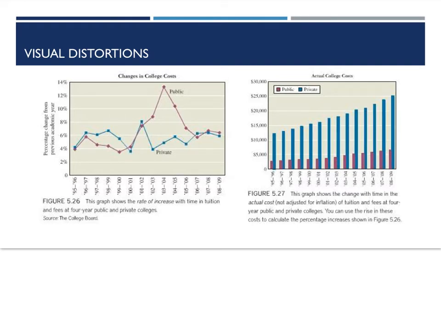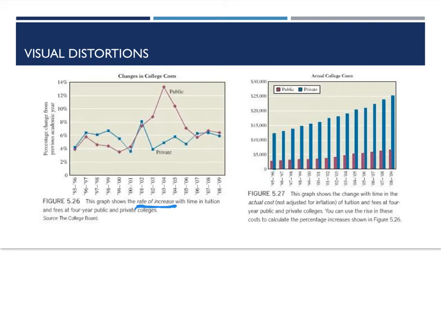So, if the pink bars are the same as the pink line and the blue bars are the same as the blue line, how come the lines go up and down when the bars only increase? Because this graph shows rate of increase.